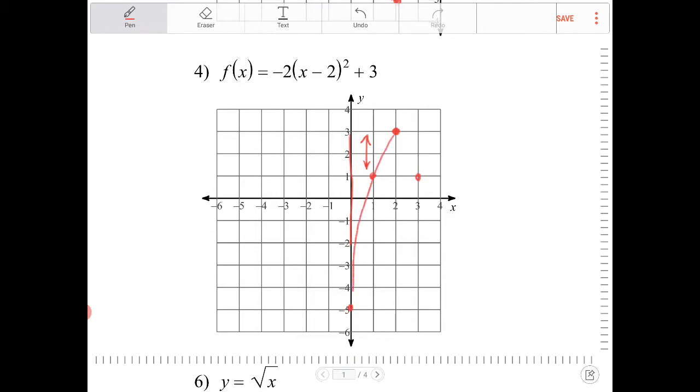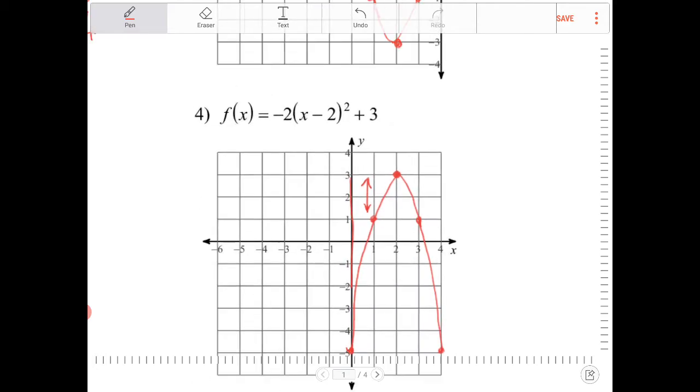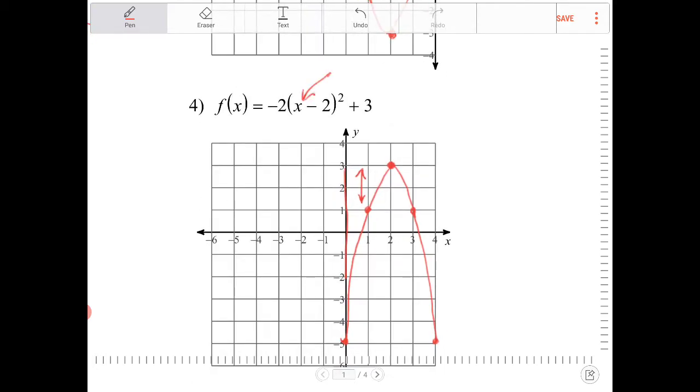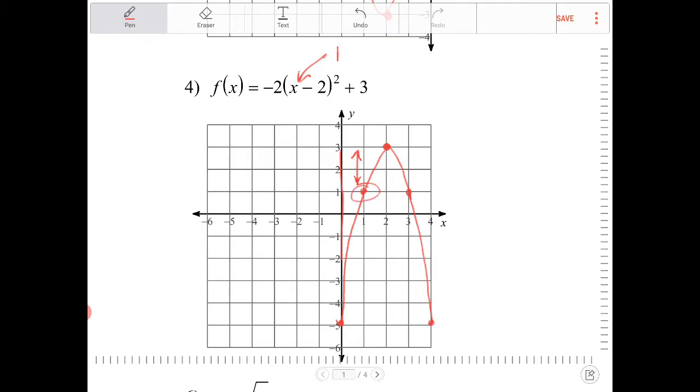Again, if you're not comfortable doing what I just demonstrated, you can also throw in values of x. For x equal to 1, what are you going to end up with? 1 minus 2 is negative 1. Negative 1 squared is 1. So I have negative 2 plus 3. It's going to be positive 1. And then you're going to do it again for, let's say, 0.